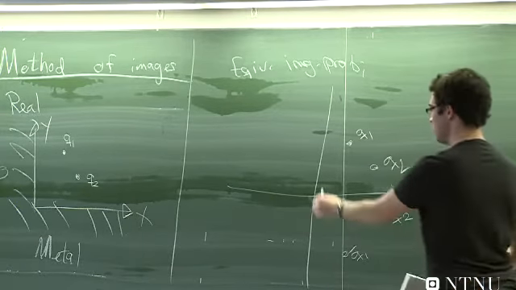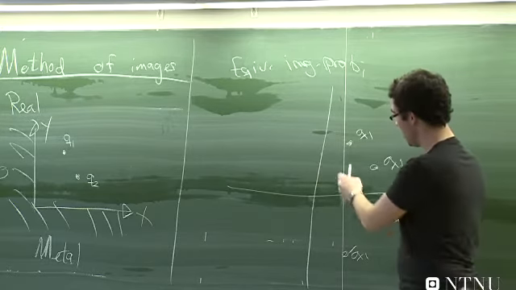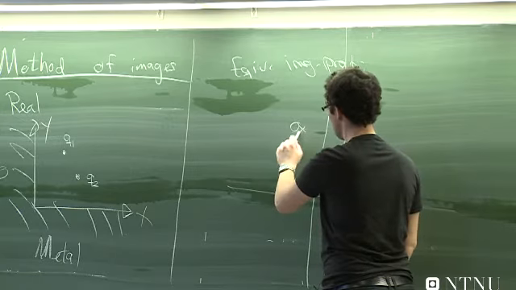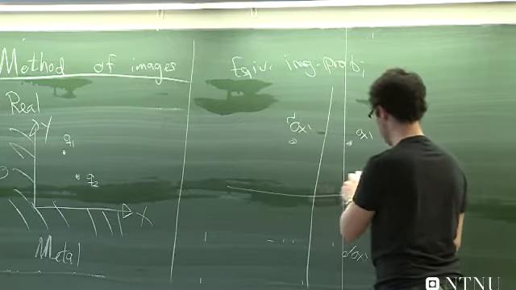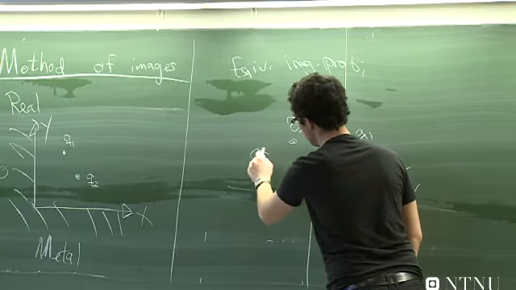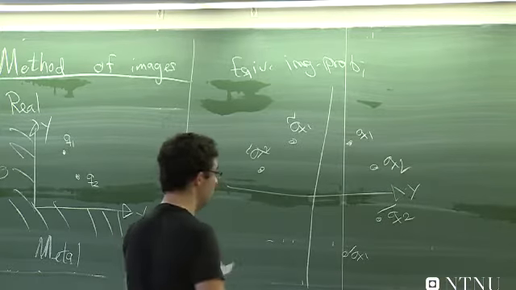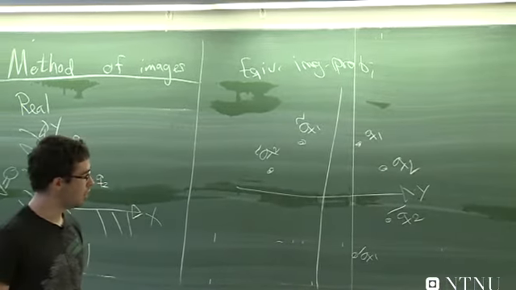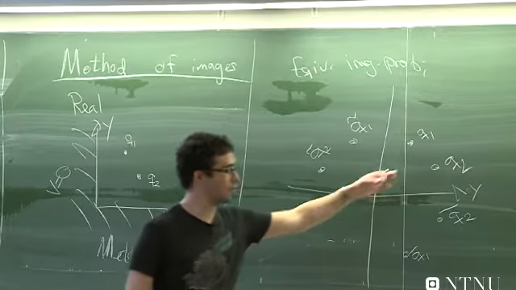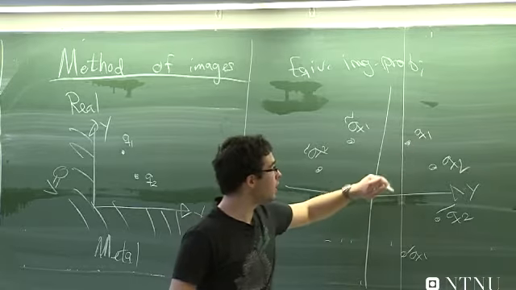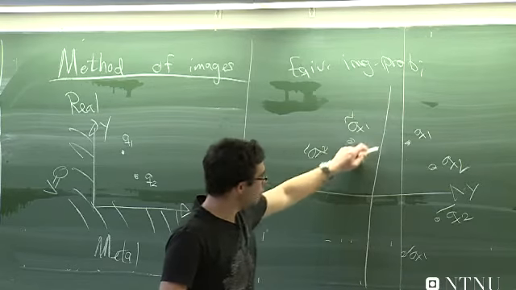To match this boundary condition over here, well, then you need image charges over there. So Q1 tilde and Q2 tilde show up over there. Finally, because now the net charge is opposite of that we originally had, because these were opposite in sign of these guys, and then we kind of screwed up.